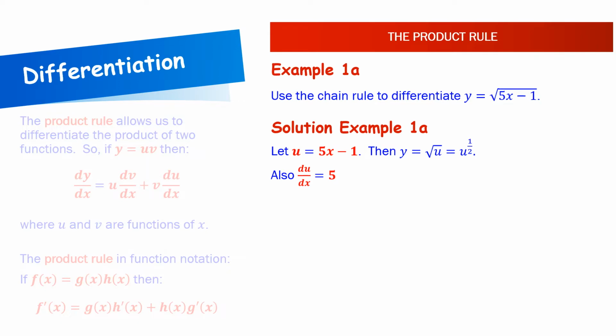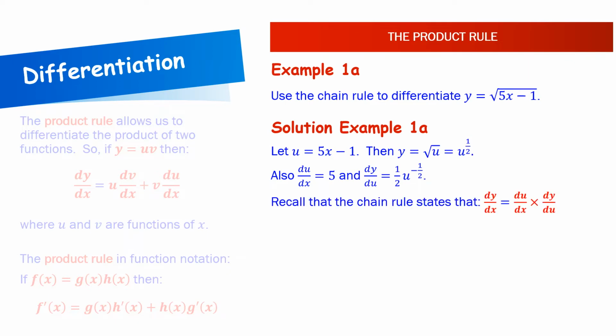We therefore have that du dx equals 5 if we simply differentiate u with respect to x, and dy du equals a half u to the power minus a half. Now from the chain rule, we have that dy dx equals du dx times dy du.